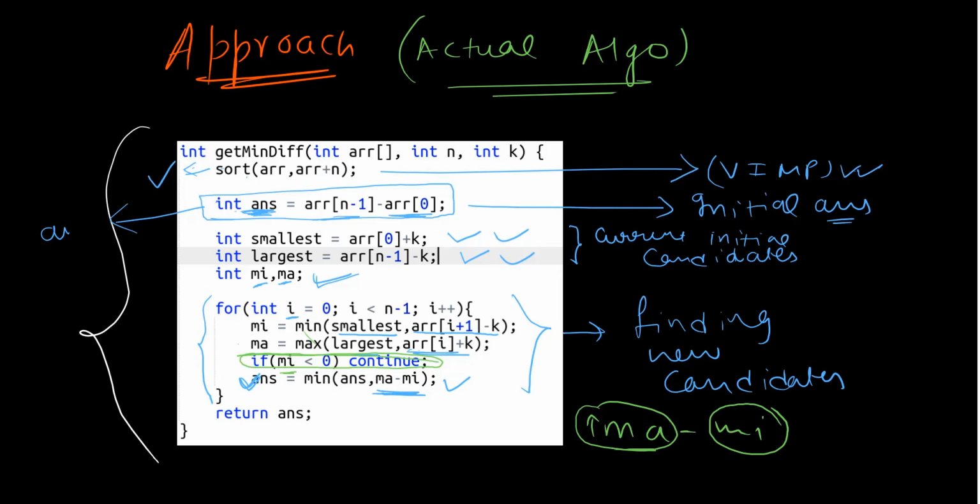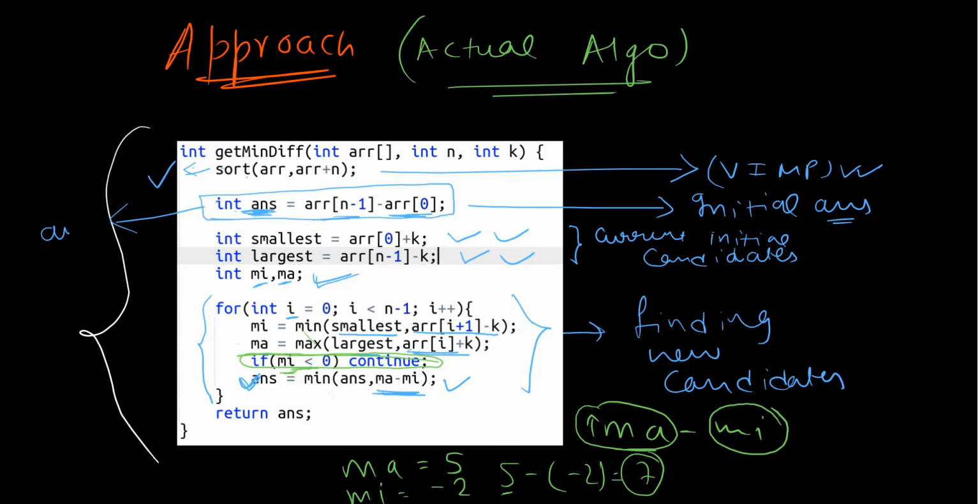Suppose you get maximum is equal to 5 and minimum is equal to minus 2. When you do maximum minus minimum, which will be 5 minus minus 2, which will be 7, and we want to minimize, we don't want to maximize. So therefore we will check this condition, and if that condition is true, we will continue, we will not move ahead, we will again run the loop. Okay, so this is the algorithm.